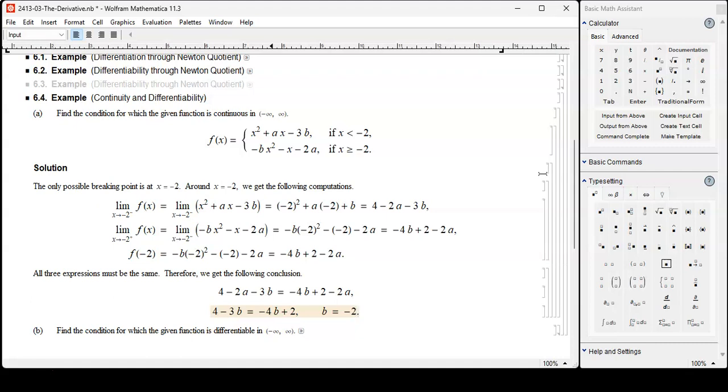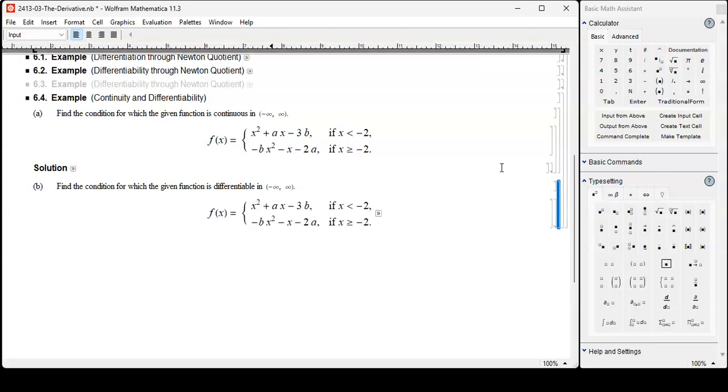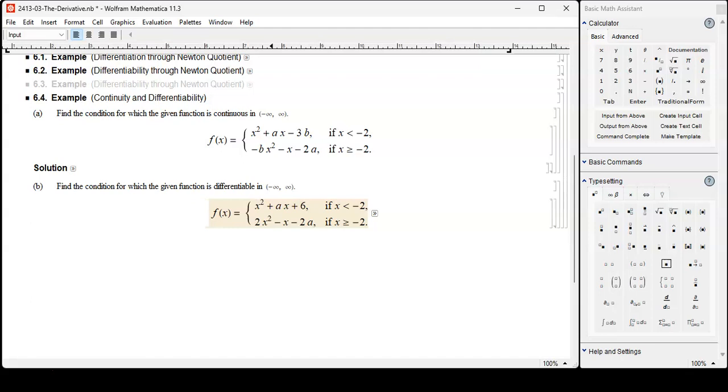So plug in b equals -2 back into this problem. B is -2, so that's +6. B is -2, so that's +2. Okay, all right, we have a new problem. And then we can do something similar and find out the a value.